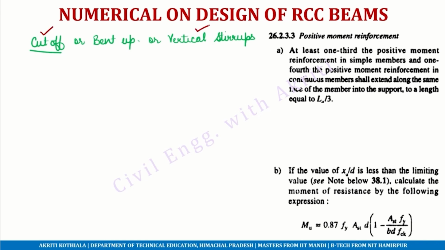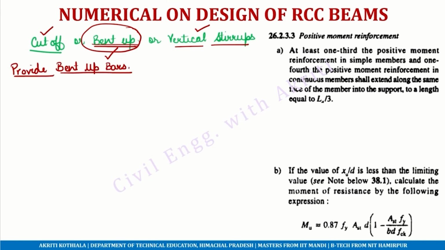We have provided vertical stirrups in the third lecture of this series. However, we have not seen how do we provide bent up bars. So we'll be exploring this option in this particular question. Moreover, the question explicitly mentions that we have to provide bent up bars in this particular beam.